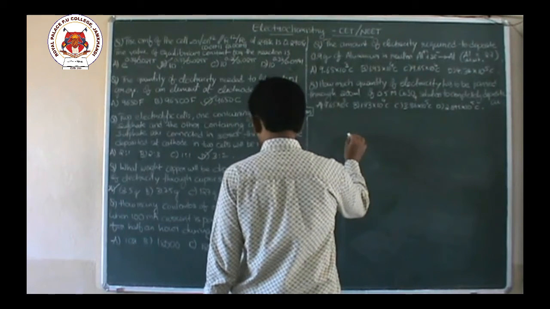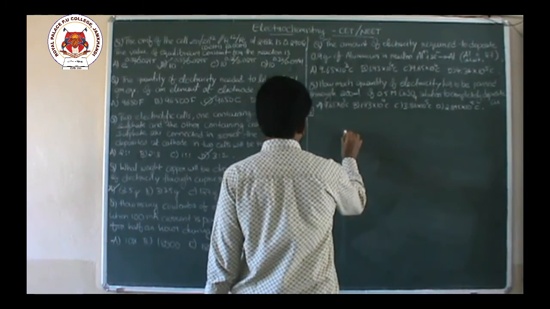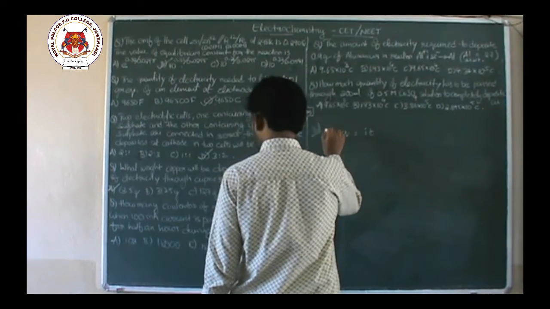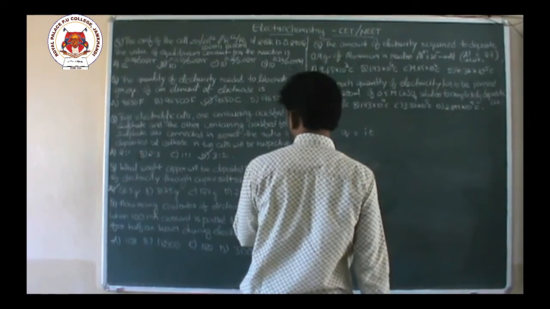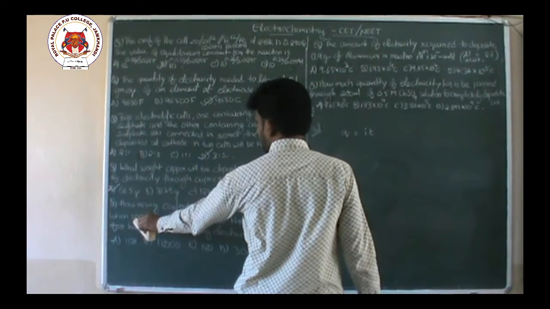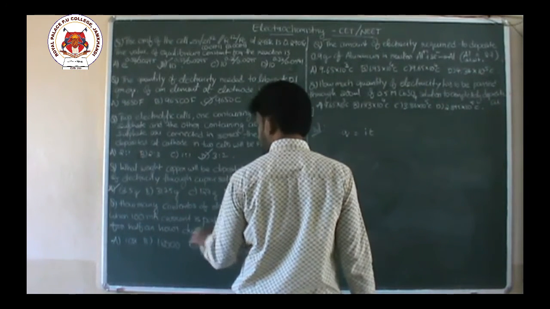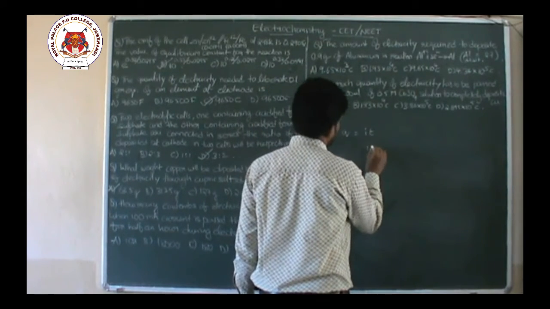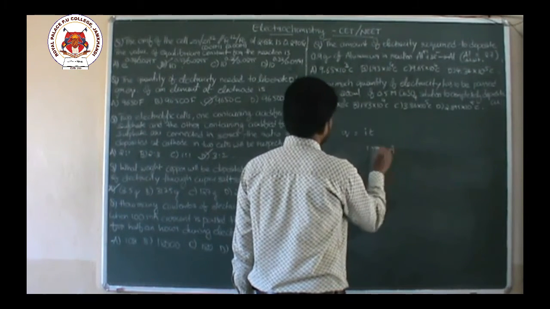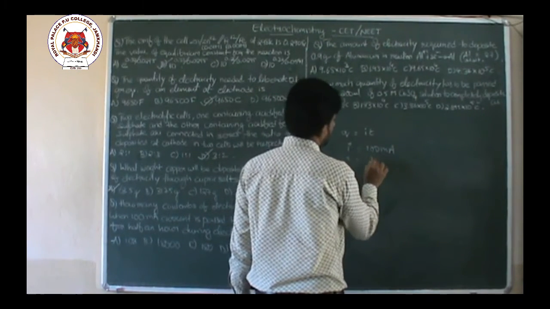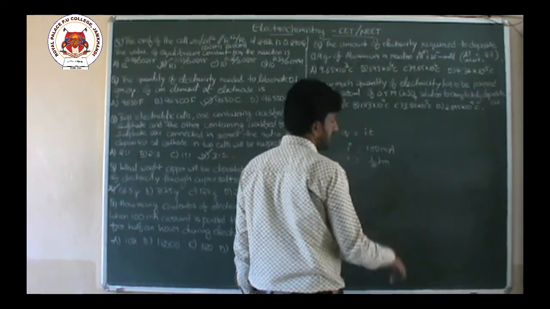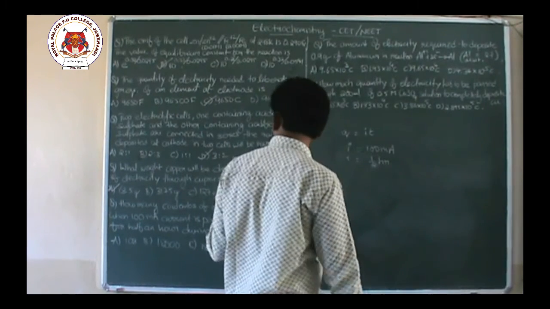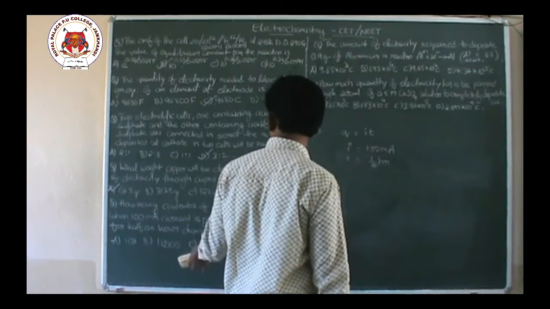You know that charge is equal to I into T. The current passed is 100 milliamperes, the time is half an hour. So what will be the charge they are asking?